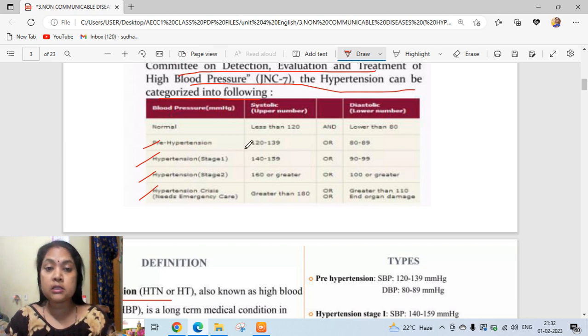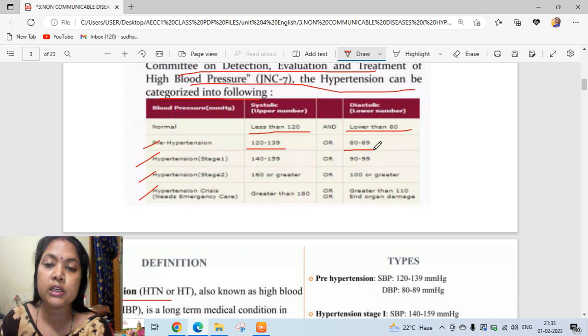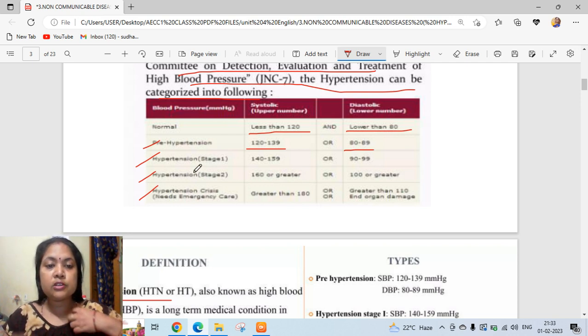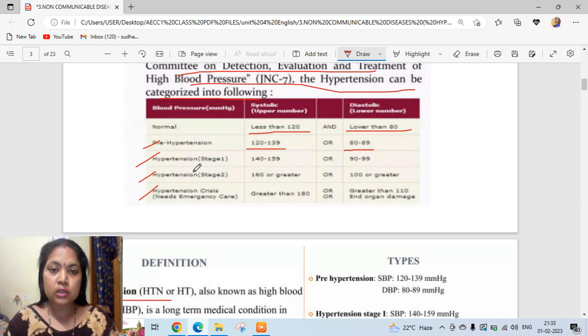Normal is when your systolic measurement, or upper number, is less than 120 and diastolic, or lower number, is lower than 80. Pre-hypertension is systolic between 120 to 139 or diastolic between 80 to 89. In hypertension stage 1, the systolic or upper number is between 140 to 159 and the lower number, the diastolic, is within 90 to 99.